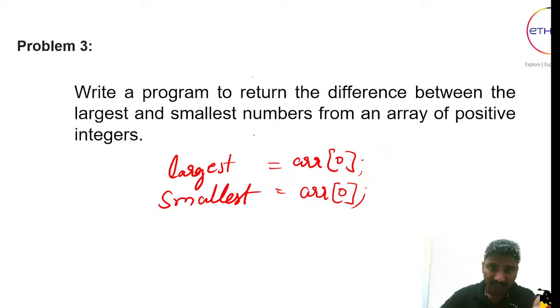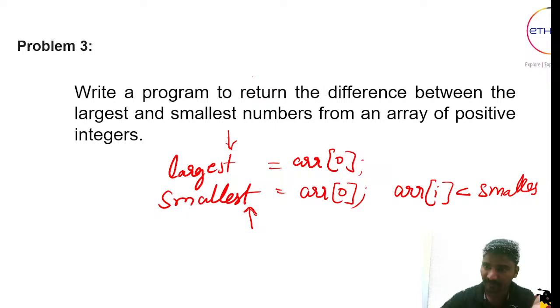Now this value has to be updated whenever you are iterating over each and every element, and even this value has to be updated. How do we do that? In the sense, if array of I is less than smallest, then the smallest has to be updated with array of I. Cool, simple condition.